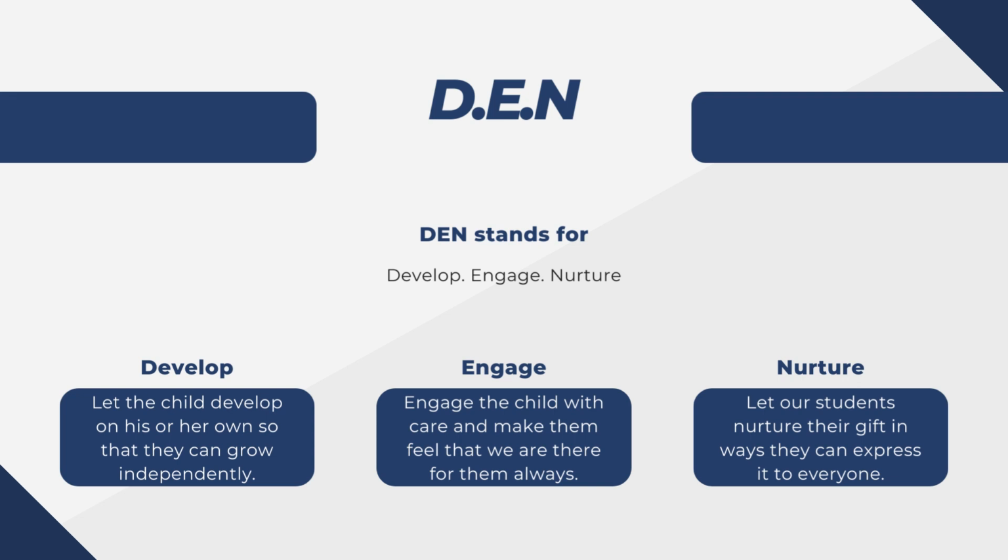Okay, next we have engage. Engage the child with care and make them feel that we are there for them always. As we let them develop, we also need to engage them up front.